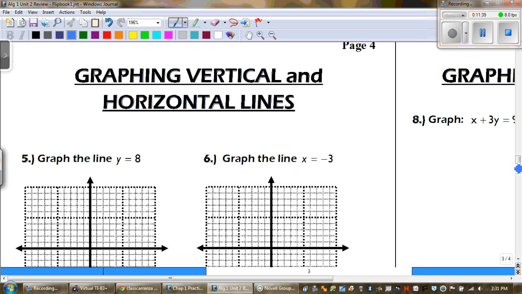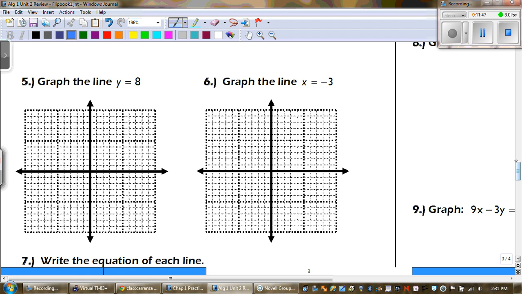Sorry. All right, graphing horizontal and vertical lines. Now, we talked about doing this a couple of ways. One way we said is to do a mini table and take a look. Well, y is 8, 8, 8. Do 1, 0, negative, and positive, and you can graph your points.